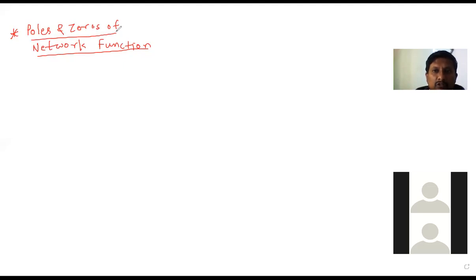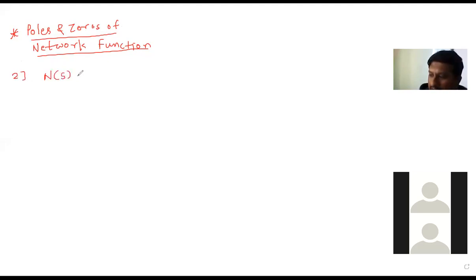If you put q of s equal to 0, then you get the poles. That we already discussed. After that, we discussed some important points regarding the poles and zeros. Node point also we have covered, and one example we have taken on how to plot the poles and zeros of the given network. So a second example we can take here.